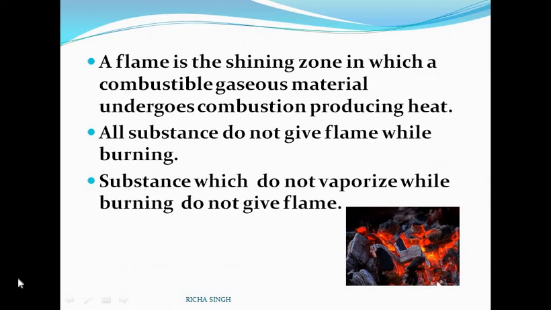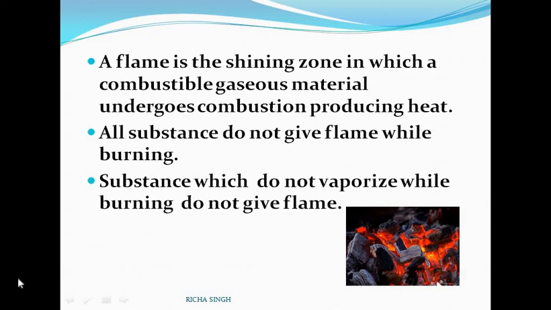The shape of the flame depends upon the apparatus that is used for burning. Okay, but when we talk of a flame and its structure, then we say that candle or oil lamp gives you a flame. Alright, so this was all about flame.